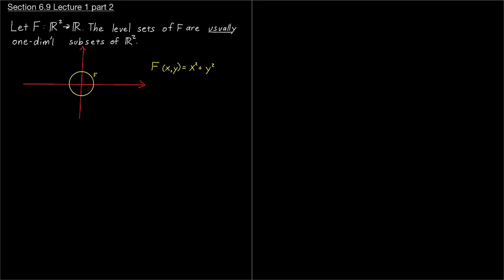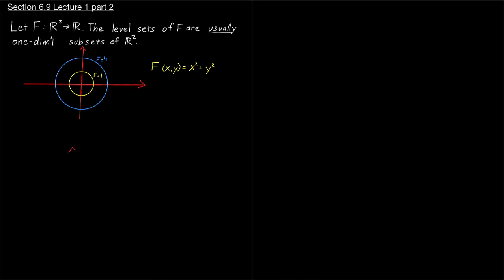Here is the circle f equals 1. Then you can have a circle with bigger radius. That would be the f equals 4 circle, and so on. You'll notice that this is the circle x squared plus y squared equals 4, so f of x, y equals 4. That's why we call it a level set.